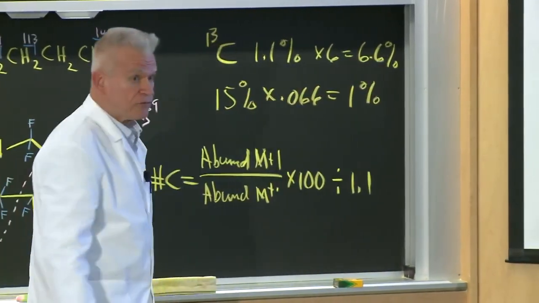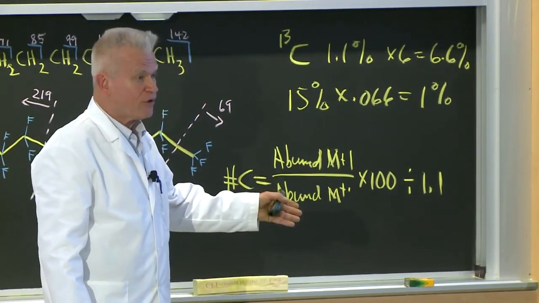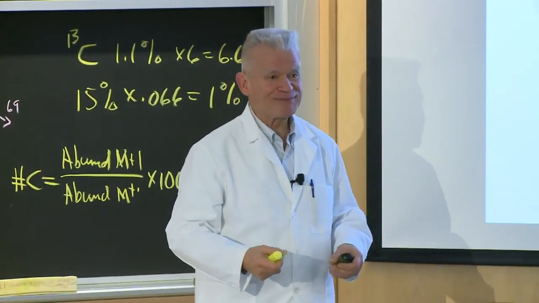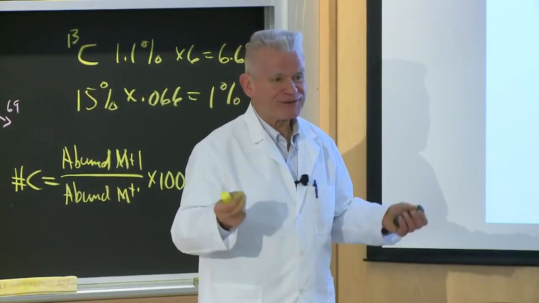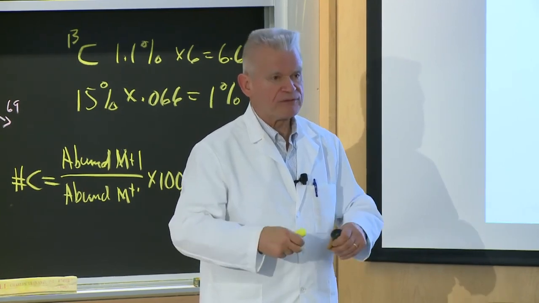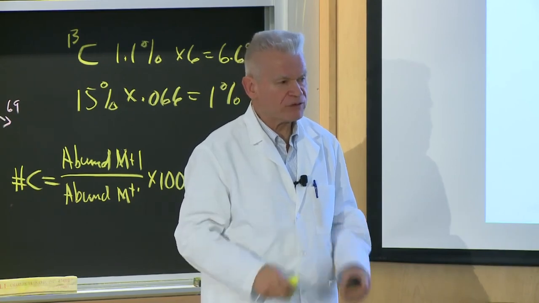That would give you the number of carbons in your molecule. So mass spec can not only determine the molecular weight, you can determine the molecular formula of your system. You can also determine the number of isotopes and elements that are present in your system.